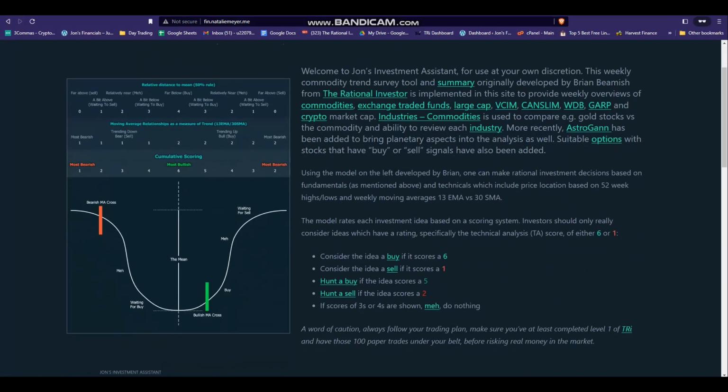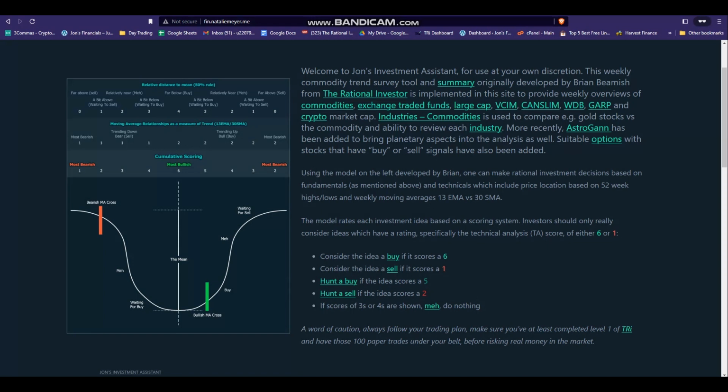So let's walk through this little diagram on the left, which is essentially what the strategy is using. It's using two scoring systems from a TA perspective. The first, at the top, is the relative mean, the distance to the mean, or the 50% rule. When price has made a peak high and then a peak low, you've got the 50% mean.